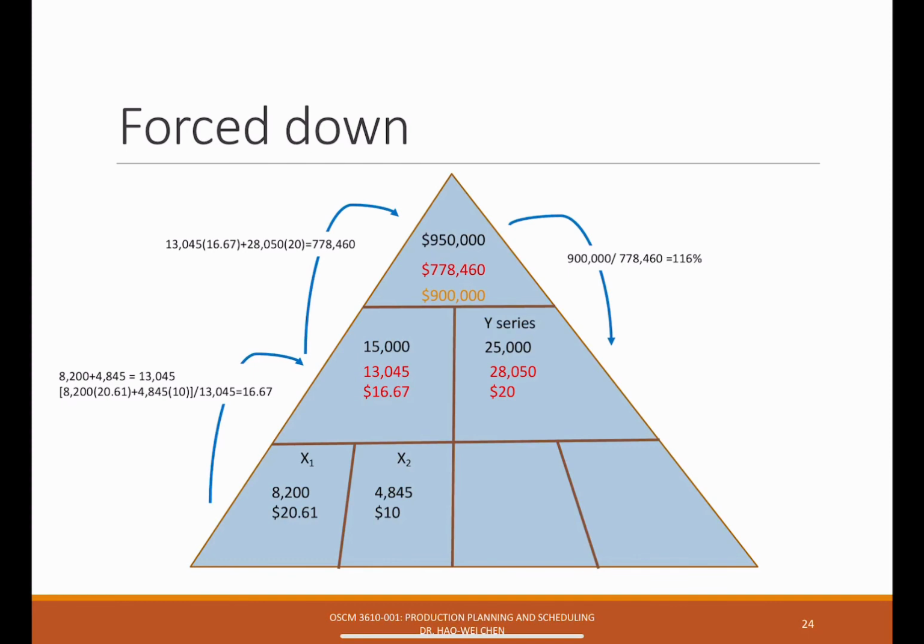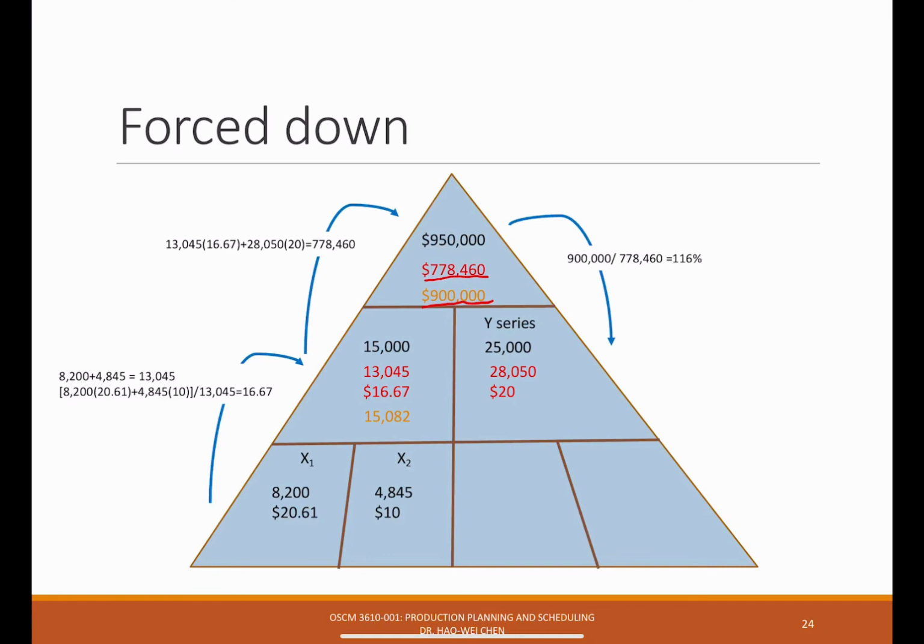So originally, our result will be 778,460. The new one will be 900,000. So you just use 900,000 divided by the old forecast. It will be 116%.